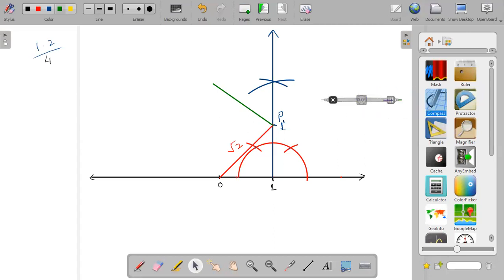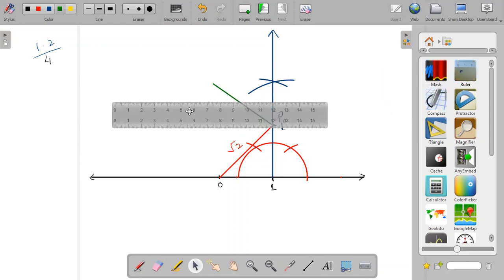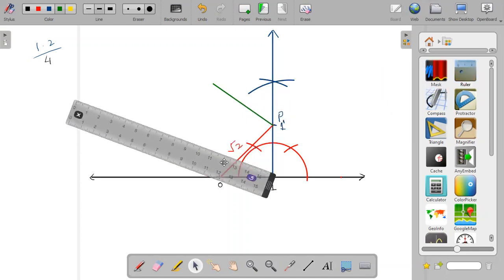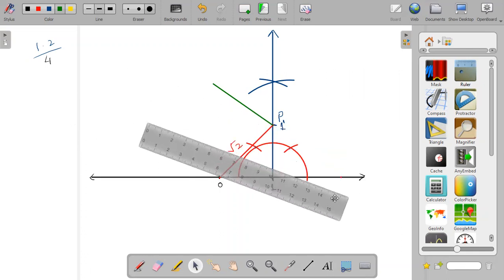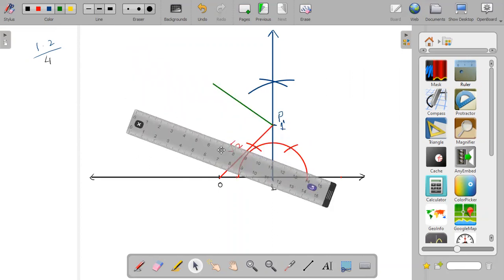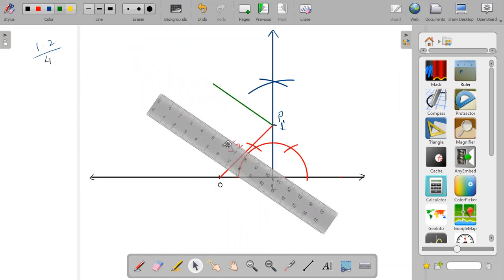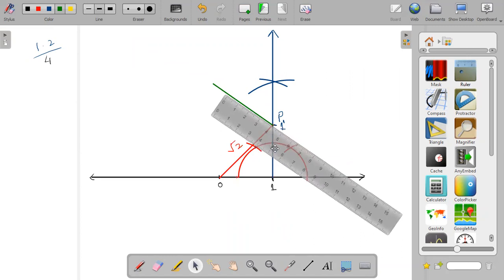We have taken 1 as 4 centimeters, so we have to measure 4 centimeters. Wherever you get 4 centimeters, this point will be P2. This will be your P2 point.